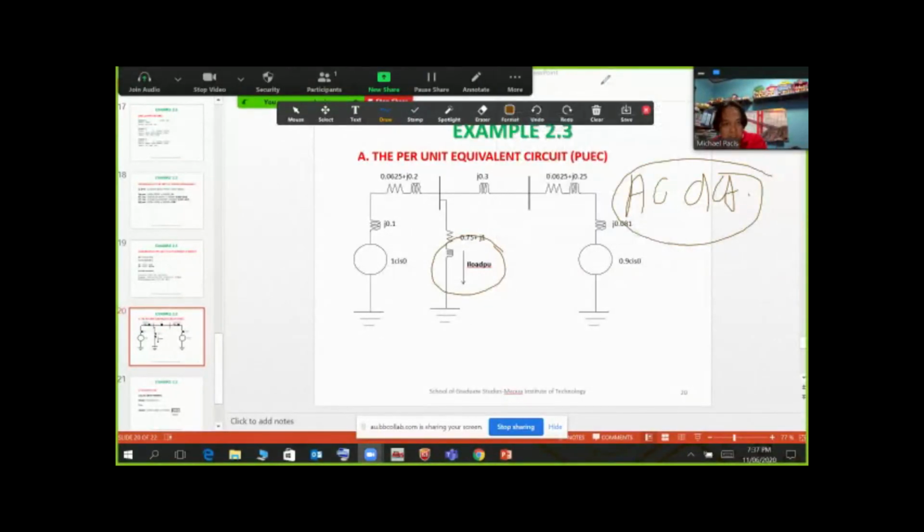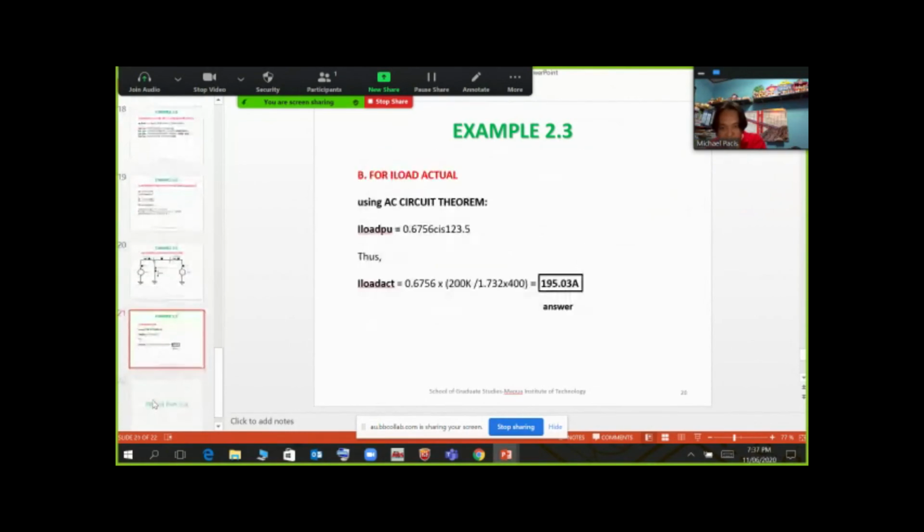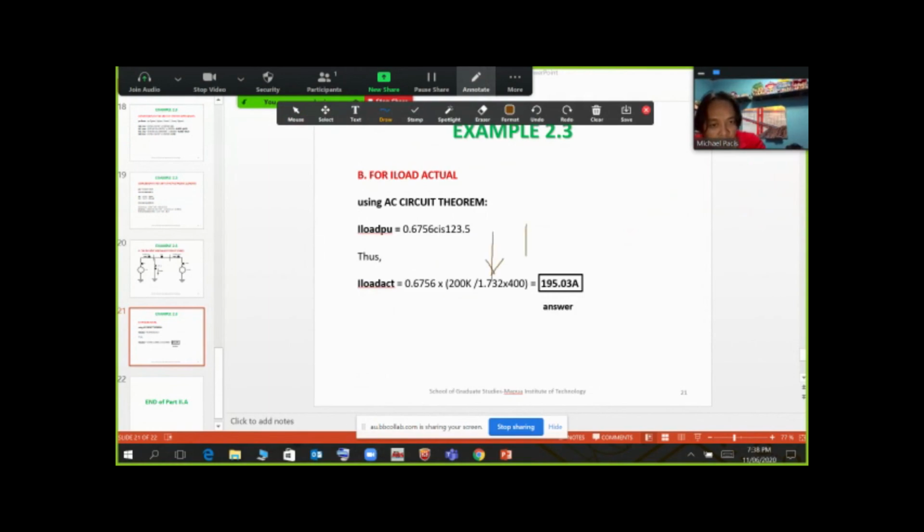And thus, if you do so, the answer for the load current there in per unit is 0.6756 angle 123.5, and we have the opportunity now to get the base current, which is at the second region.